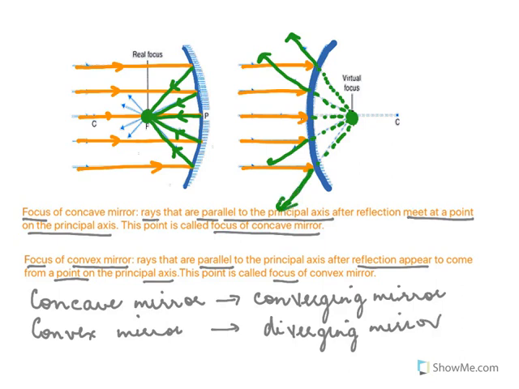Here if you notice, all the rays are moving away from the mirror. In the concave case, the rays are moving towards the mirror, concentrating in a small place.